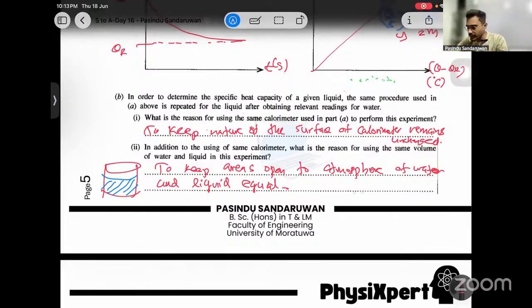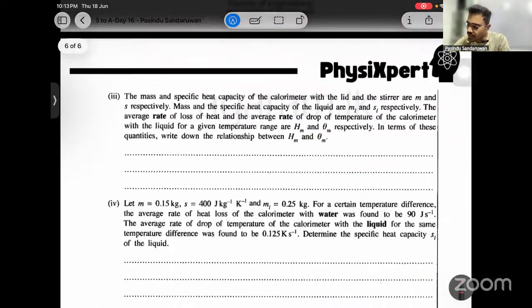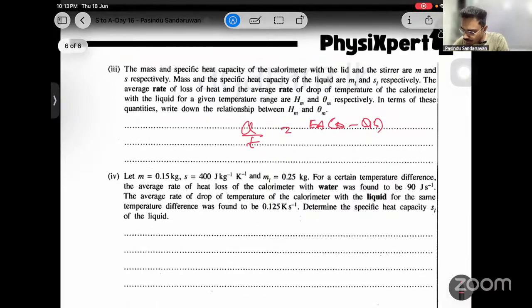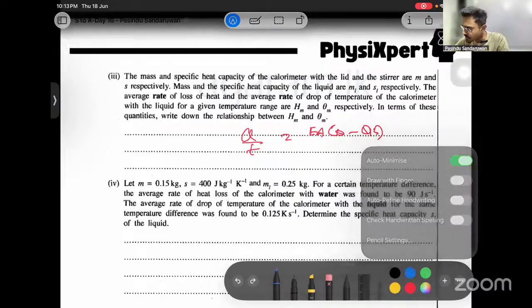Because what we do in the experiment is, if I quickly explain here, we know law of cooling is Q over T equals EA(theta minus theta R). Now, Q is m s theta.